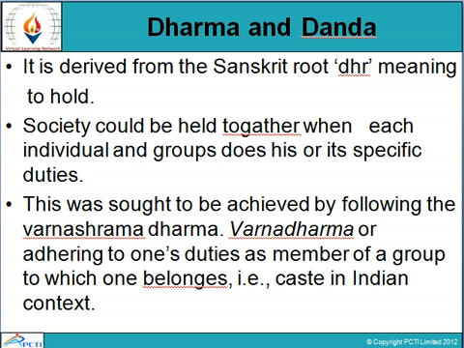Only then can a society be held together, when people do their assigned work in the proper manner. This was sought to be achieved by following the Varnashram Dharma, Varna Dharma, or adhering to one's duties as a member of a group to which one belongs, that is caste in the Indian context.